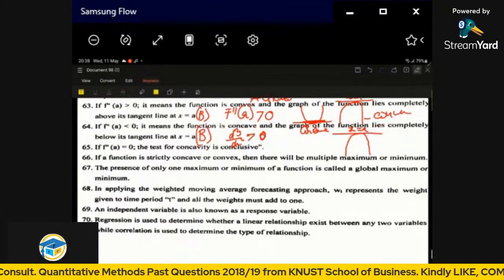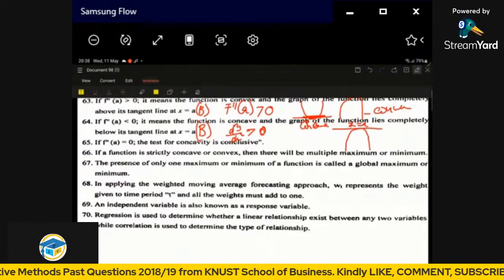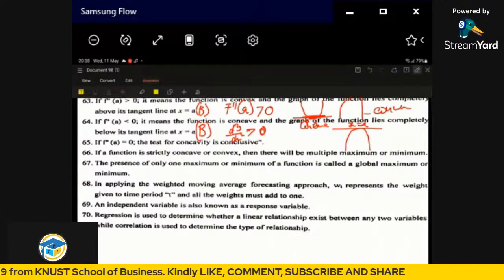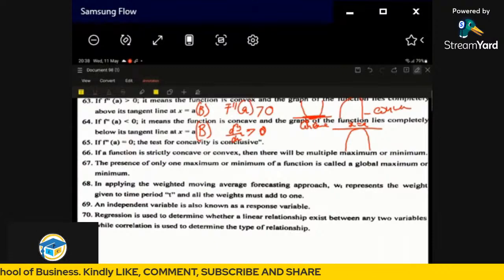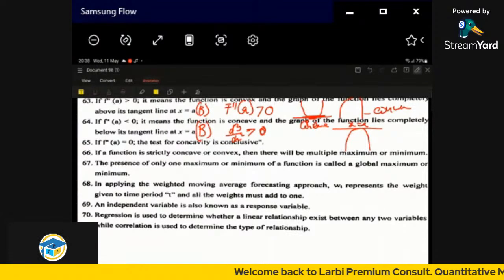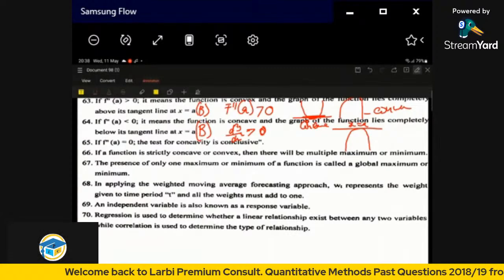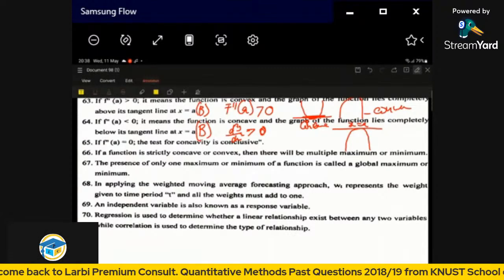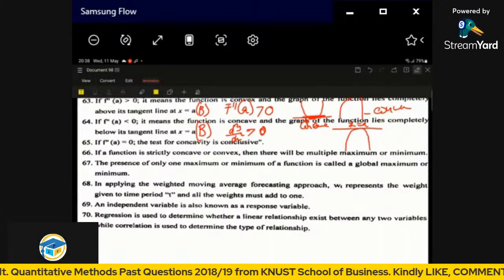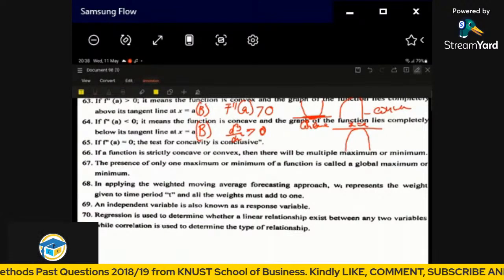All right. So moving on to question 65, it is saying that if f double prime of a is equal to 0, then we can say that the test for concavity is conclusive. The meaning of conclusive here is that if you have f double prime of a equal to 0, it's trying to tell us that we can still make a decision to determine whether the curve is a maximum, a minimum, or at the point of inflection.